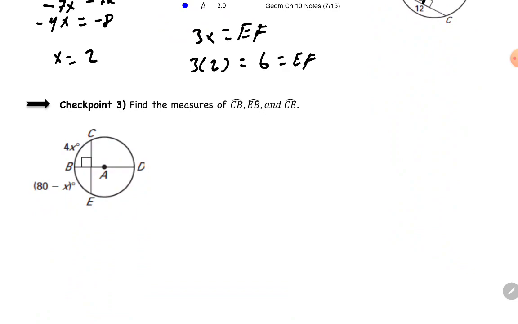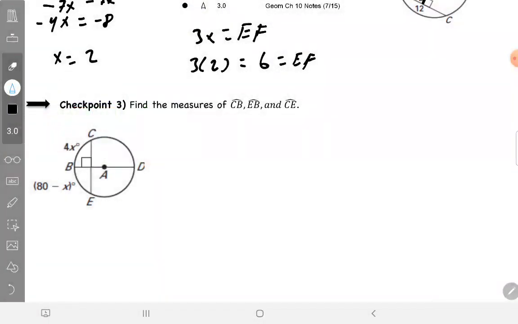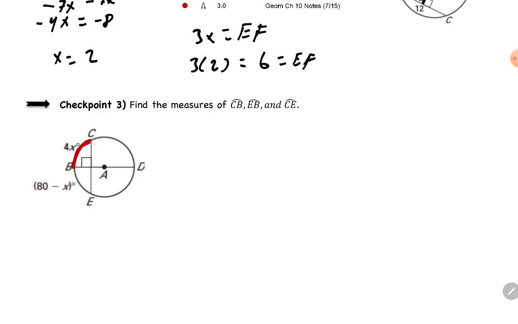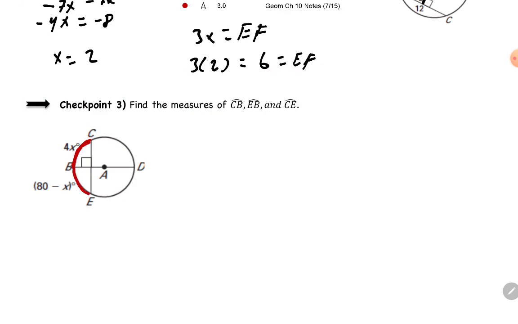Checkpoint 3. Find the measures of arc CB, EB, and CE. They want this piece, this piece, and then the whole piece.